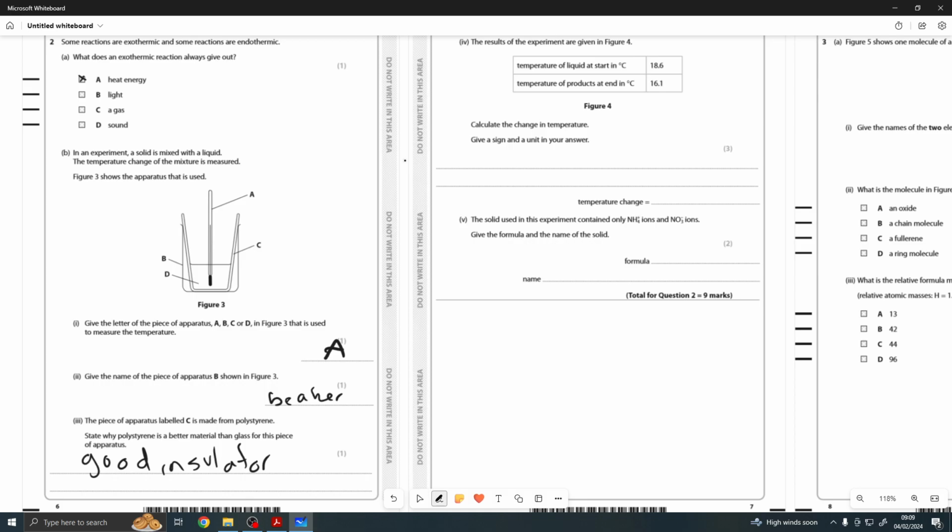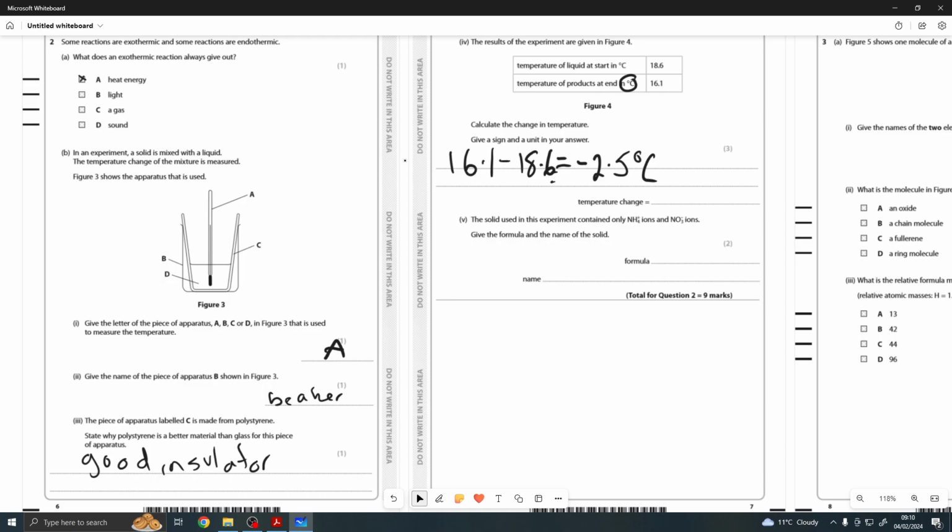So we're going to say at the end it was 16.1 minus at the beginning it was 18.6 equals minus 2.5. Give a sign and a unit. It tells you the unit up there is degrees C, so just make sure you write that in or you'll lose one of the 3 marks. 1 mark for the number, 1 mark for the sign, 1 mark for the unit.